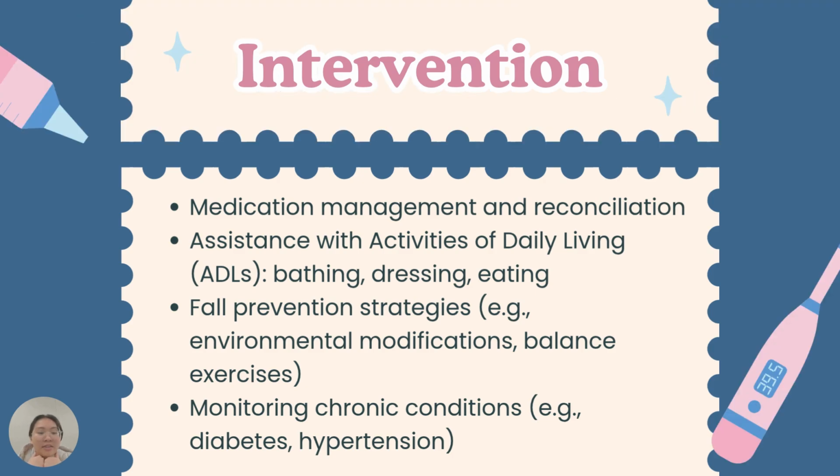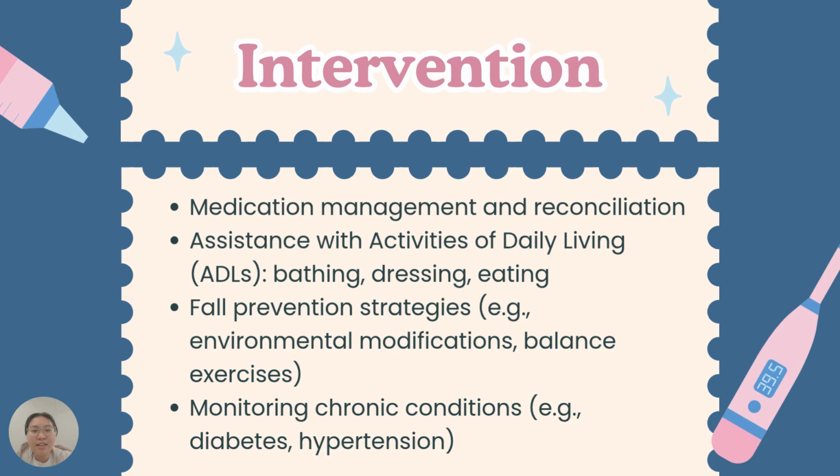So the interventions for the physical aspect are medication management and reconciliation. We just need to remember the medications one, which is important. Then the next is assistance with ADLs like bathing, dressing, eating, only for patients who cannot do anything at all. If they can, we help them to move as much as they can.